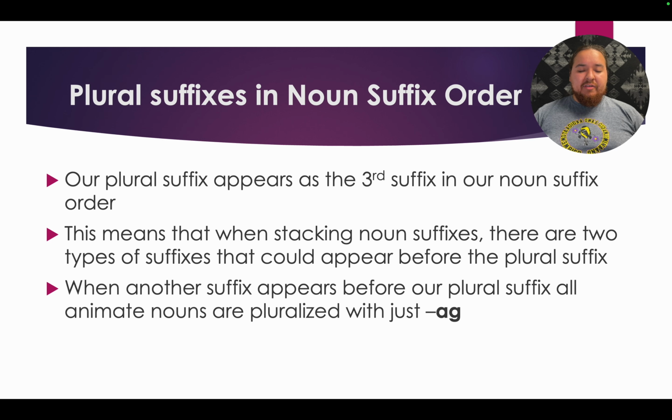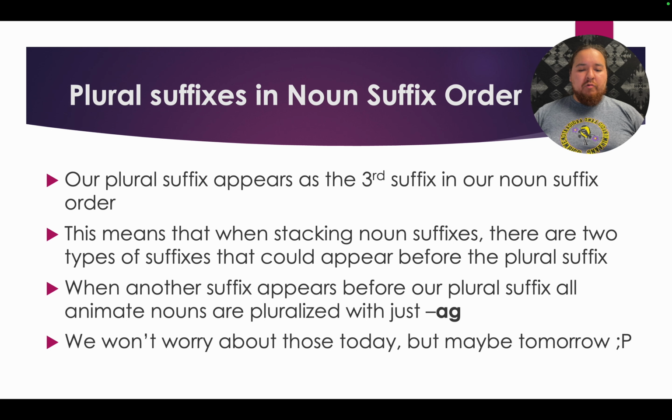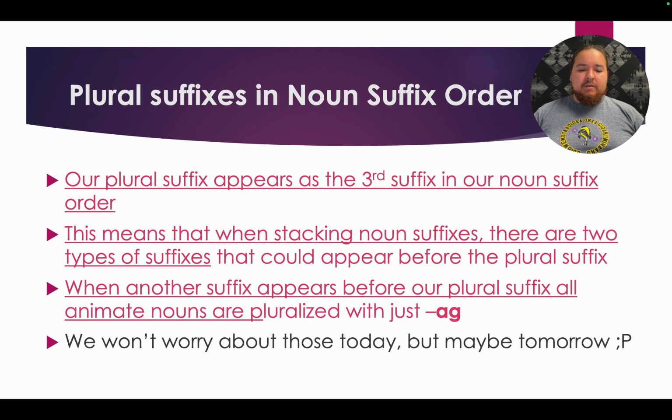When another suffix appears before our plural suffix, all animate nouns are pluralized with just AG. We won't worry about those today, but maybe next lesson. Again, for your notes, I've indicated which points to write down. We'll pause here and let you write these down. All right, let's move on.